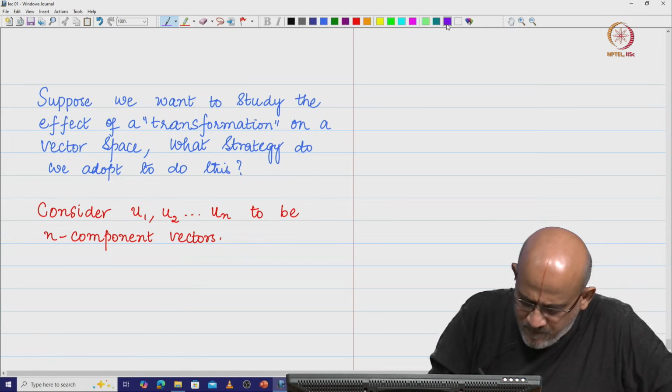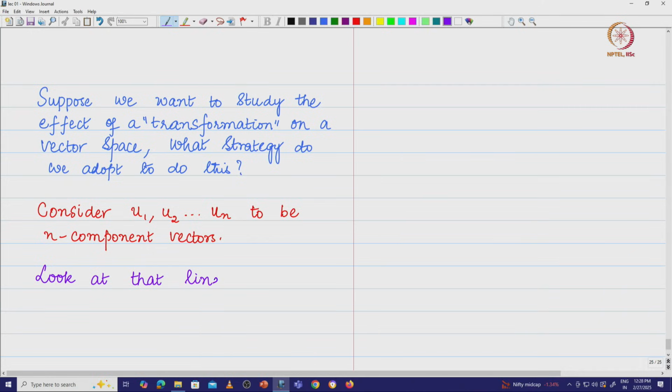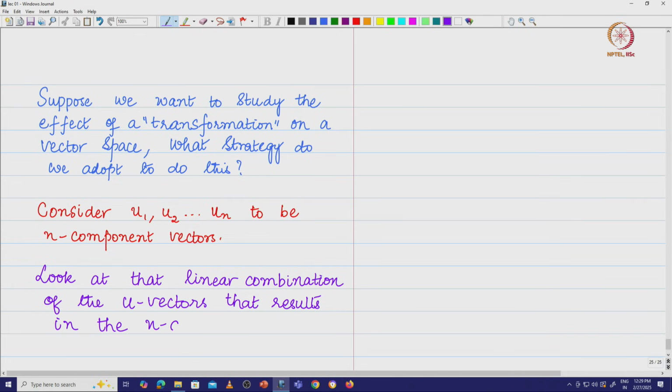Now, what I want to do is look very specifically at that linear combination of the u vectors, u1, u2, un, that would result in the n component 0 vector.